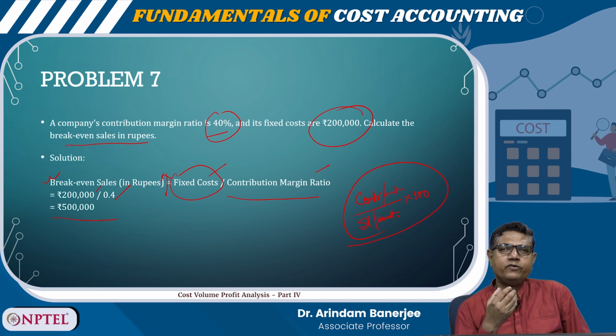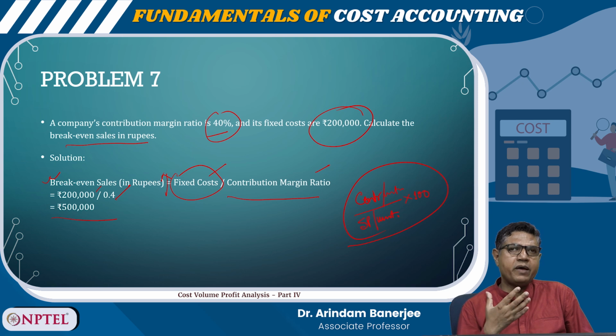So, if the company decides that they want to keep the break-even sales at a higher level, then they have to create this production capacity. For production capacity, they need to invest money, and they need to invest for manpower, maybe trained manpower or untrained manpower.